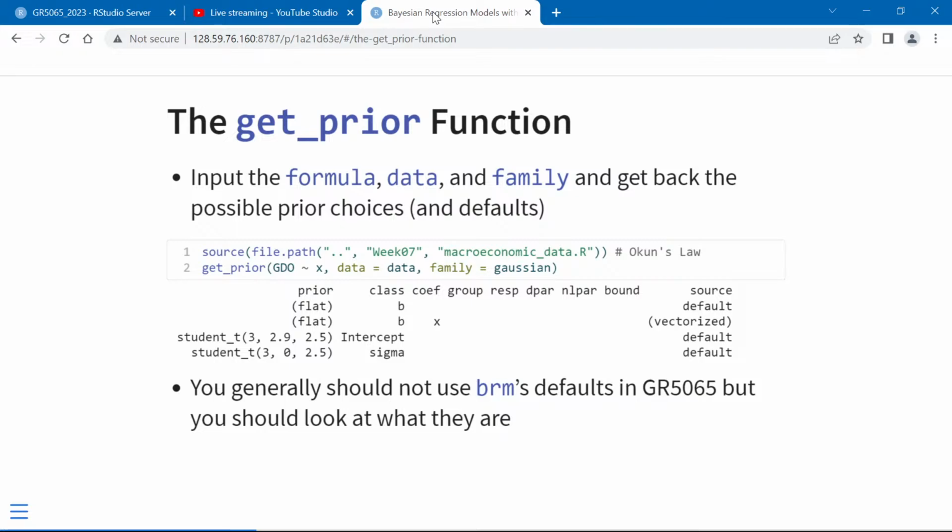So to them, having the default prior be flat seems like a good thing, because it seems as if you're not specifying any information about the coefficient on the change in the unemployment rate or whatever psychology thing you're doing. But that's not true. It just seems true to people who don't really know what they're doing.